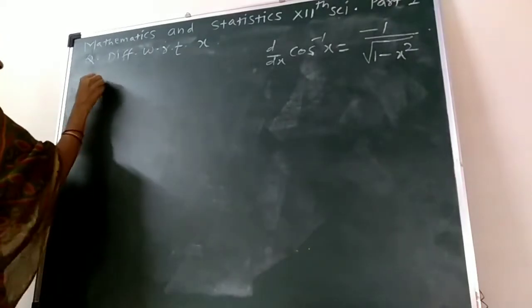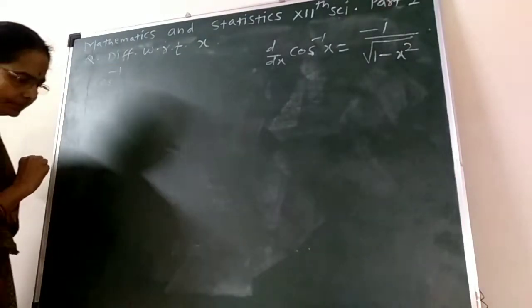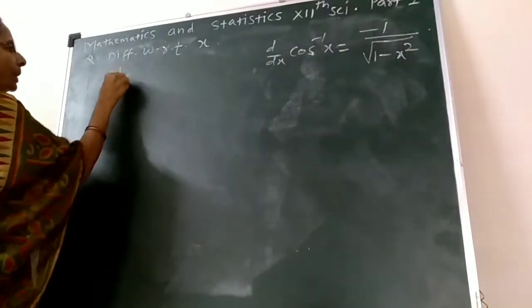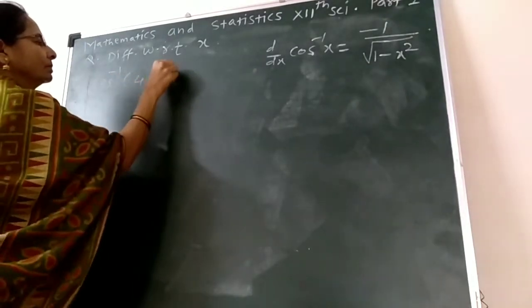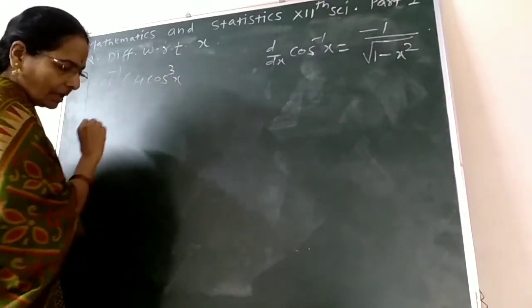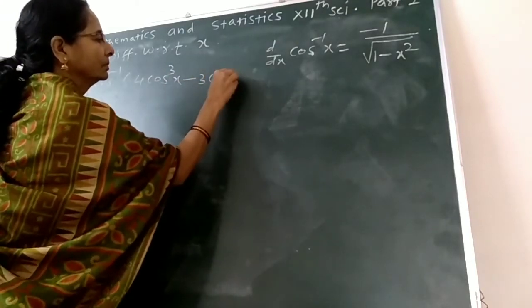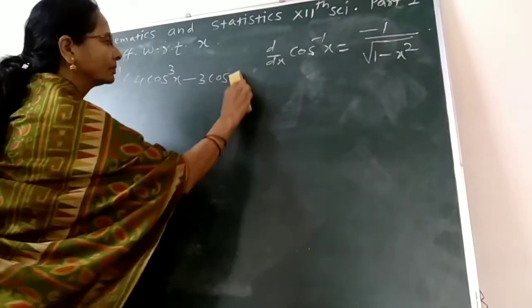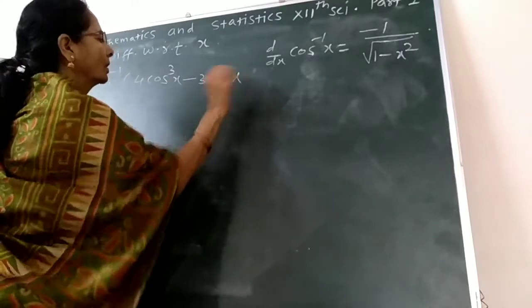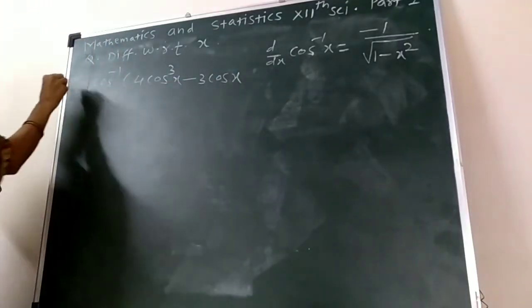Cos inverse of 4 cos cube x minus 3 cos x, the second question.